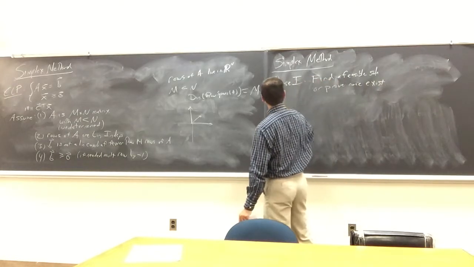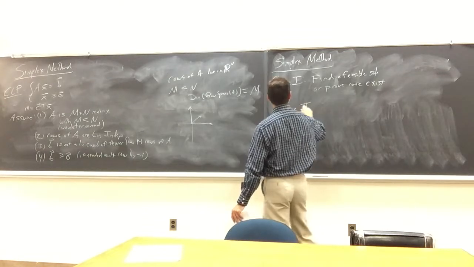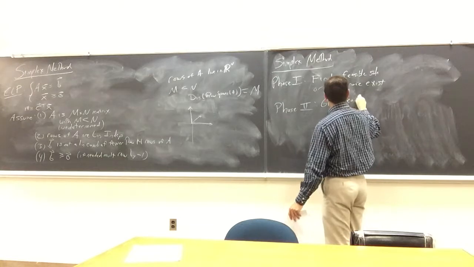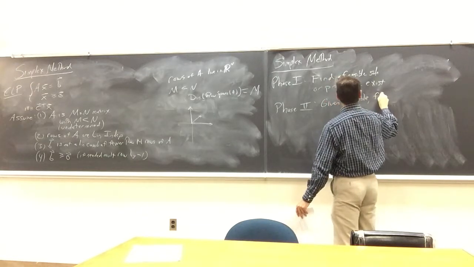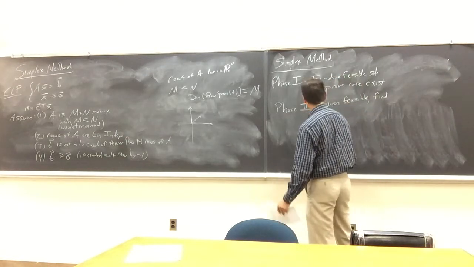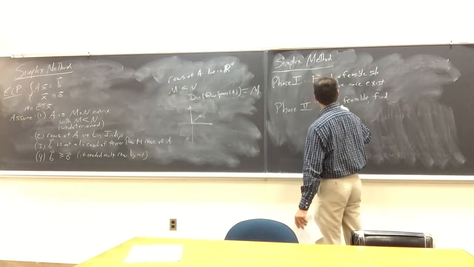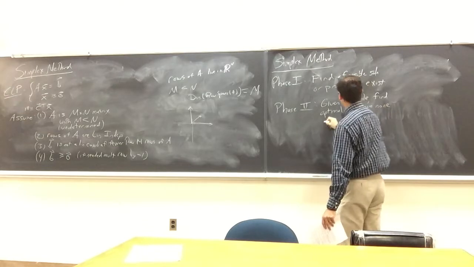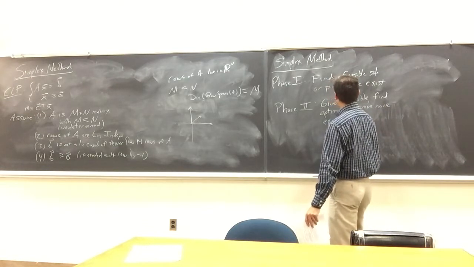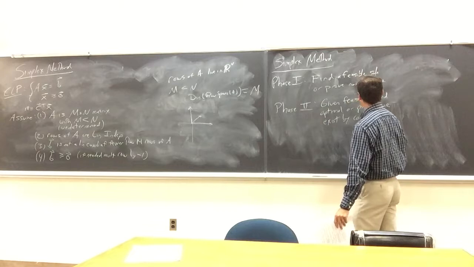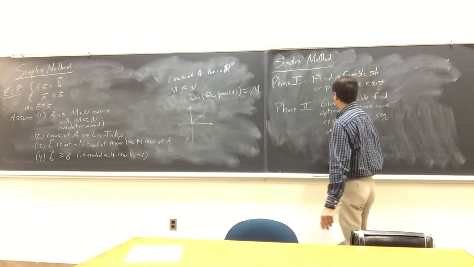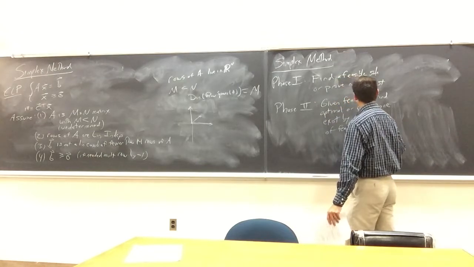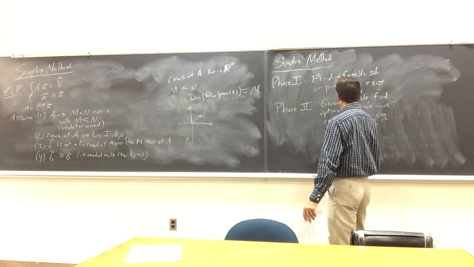And then phase 2 is given a feasible, we find an optimal, or prove none exists by constructing a sequence of feasible with the cost going to negative infinity.